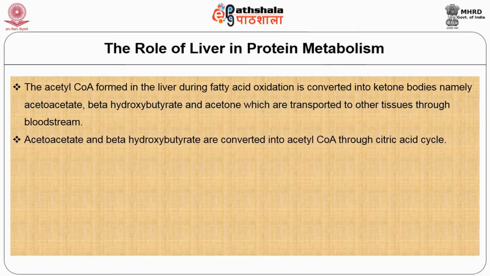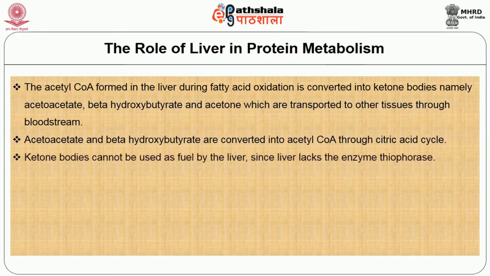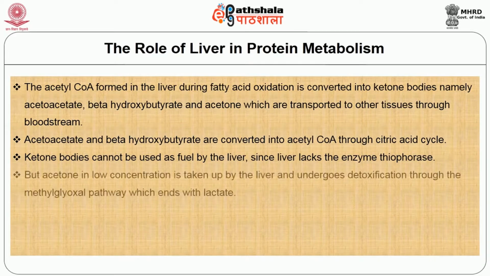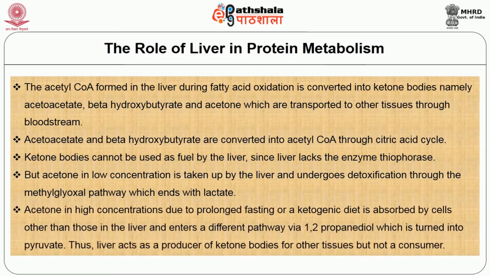Acetoacetate and beta-hydroxybutyrate are converted into acetyl-CoA and enter the citric acid cycle. Ketone bodies cannot be used as fuel by the liver since the liver lacks the enzyme thiophorase. But acetone in low concentration is taken up by the liver and undergoes detoxification through the methylglyoxal pathway, which ends with lactate.